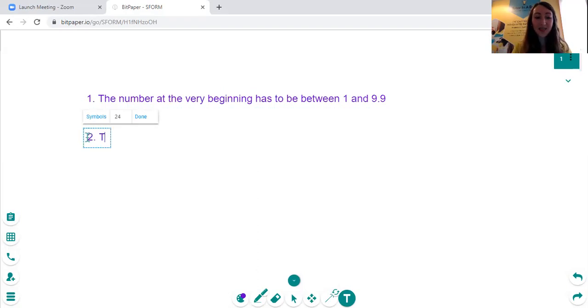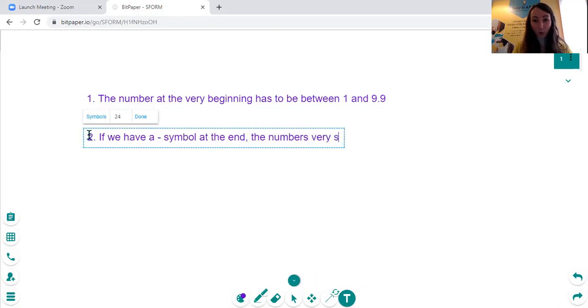Second thing with standard form, if we have a minus symbol at the end, the number's very small, whereas if we have a positive sign at the end or no sign, the number's very big.